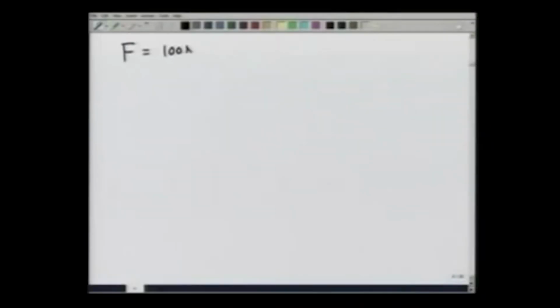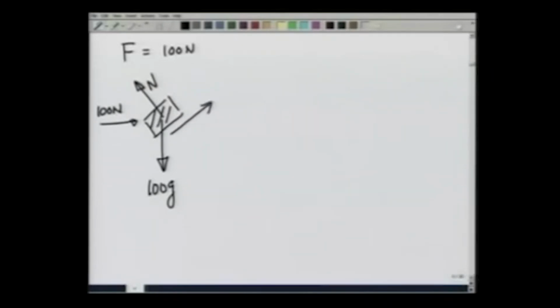Let us take the third case of F equals 100 newtons. I am applying a force of 100 newtons in this direction, 100 g is pulling it down, there is a normal reaction N, and again 100 newtons is much smaller than 558. So, frictional force would be acting up the plane.